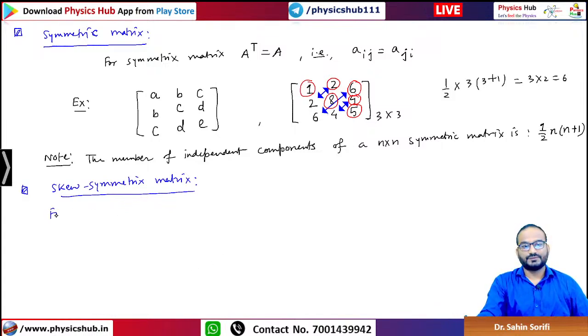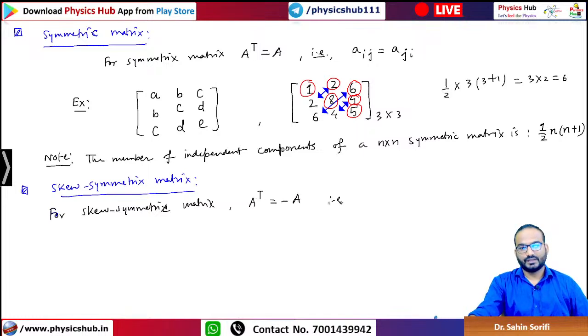Okay, for a skew-symmetric matrix, A transpose equals minus A. In terms of the matrix elements, Aij will be equal to minus Aji. Now this condition gives you a special finding.